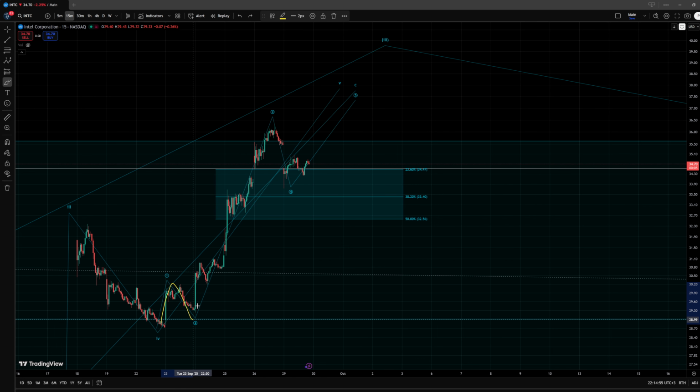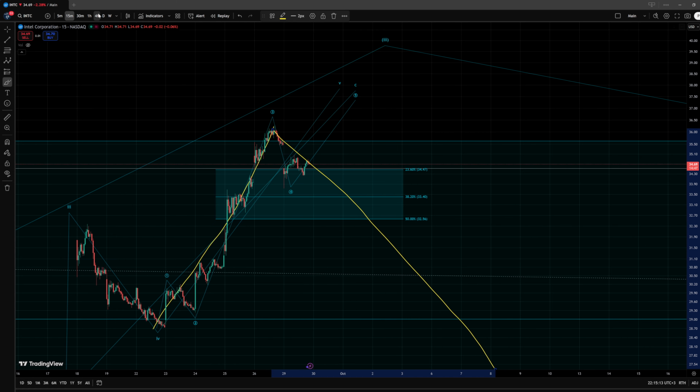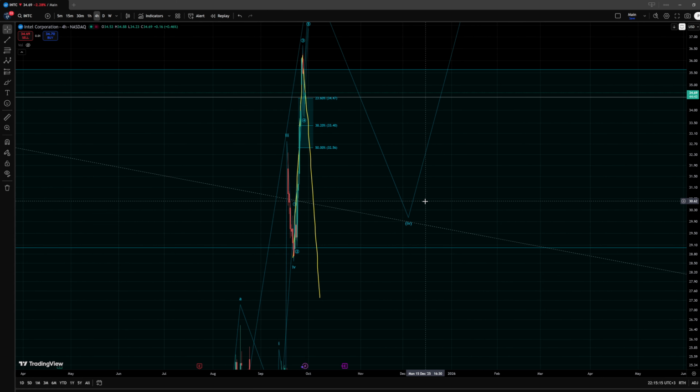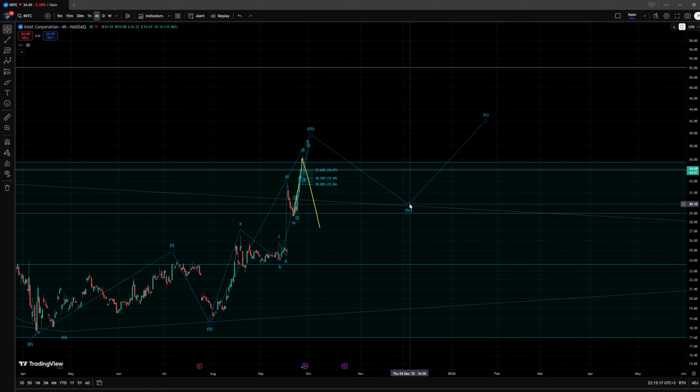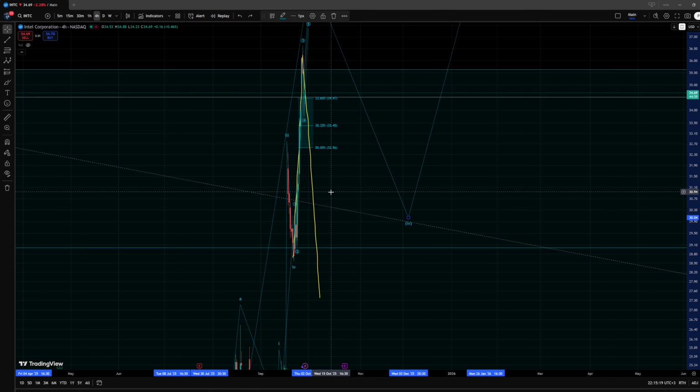So we have here a 1, 2, 3, and we are looking for the deeper wave 4 that would allow support all the way down to the $32.6 level instead. So breaking this, now that would be a pretty good sign that we quite probably topped in this area, and we would be looking for a much deeper retracement, as it would be in the case of this larger correction in the wave 4.